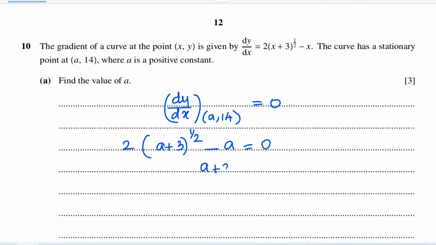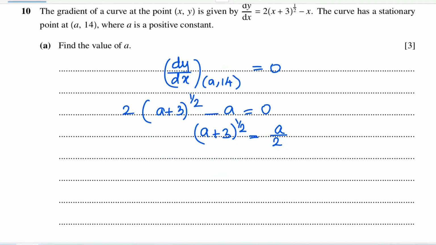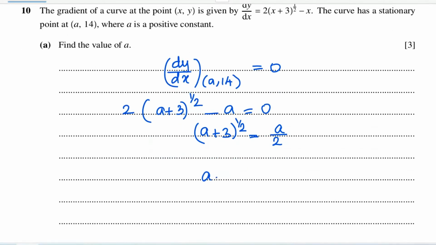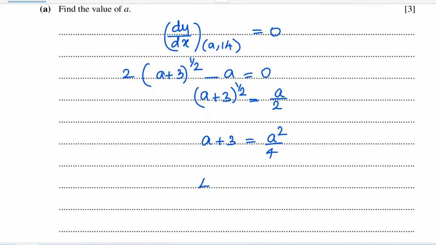So (a plus 3) to the power 1 over 2 can be written as a divided by 2. a plus 3 is equal to a squared divided by 4, or it can be written as 4a plus 12 equals a squared.